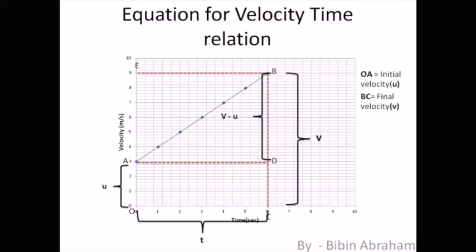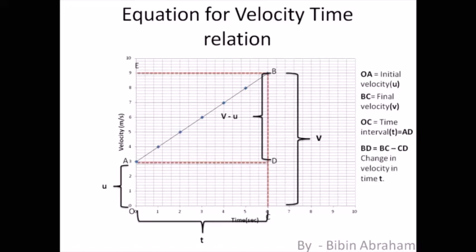Yes, BC is your final velocity, that is your v. OC is the time interval it is taking to get that final velocity. We can also say OC as AD, both are the same quantity. Yes or no? I hope this is clear.